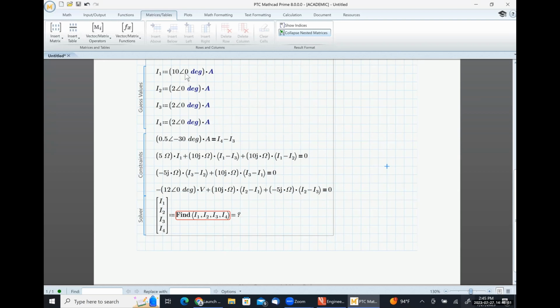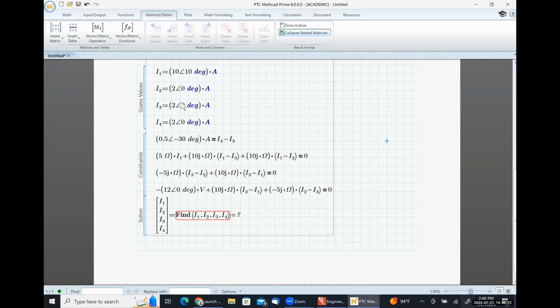What about changing the phase angle from 0 to a positive integer? Or that would change the solution, wouldn't it? Right, yes. So actually it shouldn't. If we change this from 0 degrees to 10 degrees, that shouldn't change the solution because those are just guesses. Why isn't it caring about my guess values?